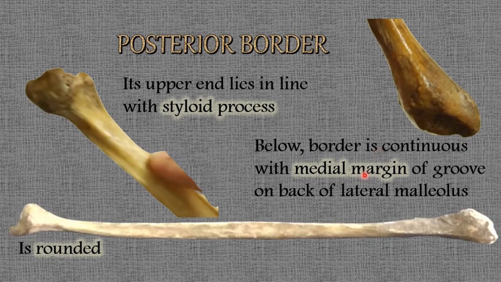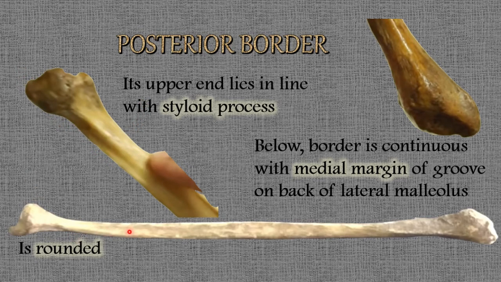Below, the border is continuous with the medial margin of the groove on the back of the lateral malleolus. This is the back of the lateral malleolus, this is the groove, this is the lateral margin, this is the medial. So this is the posterior border, lower end of the posterior border, upper end in line of the styloid process.